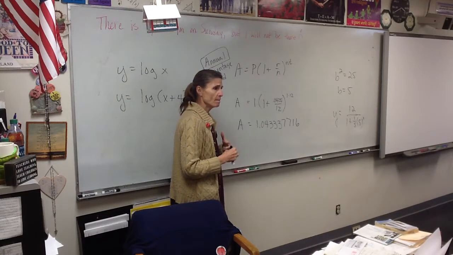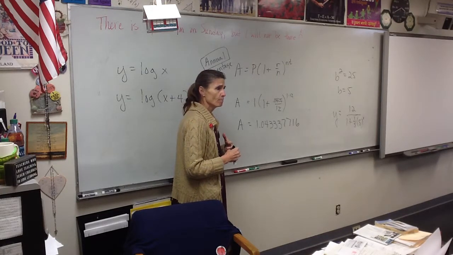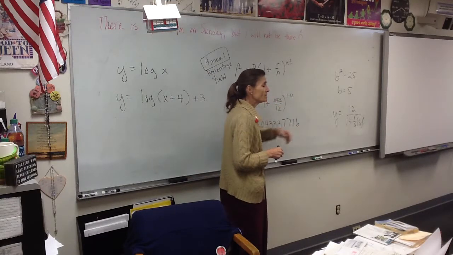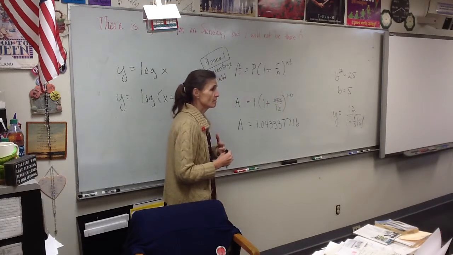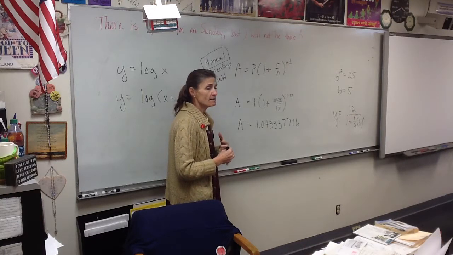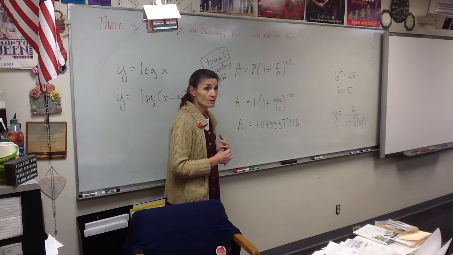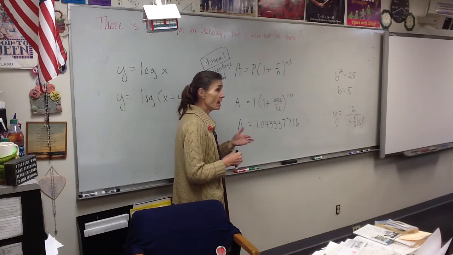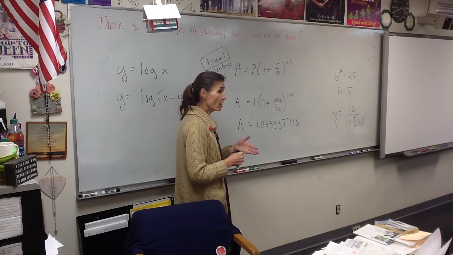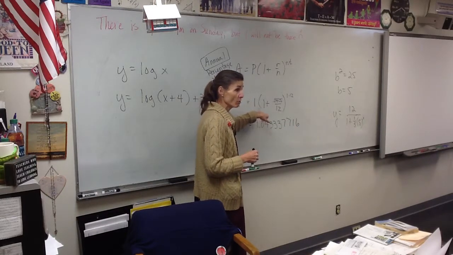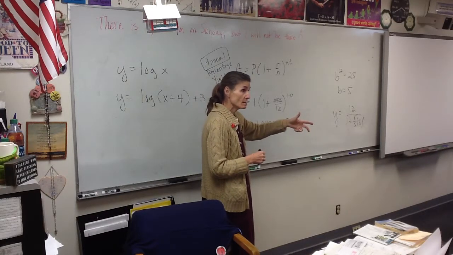What happened? How many times was I given that interest? 12. And the interest that I was given earned interest itself. So in the second month, I got interest on my $1, but I also got interest on the interest.